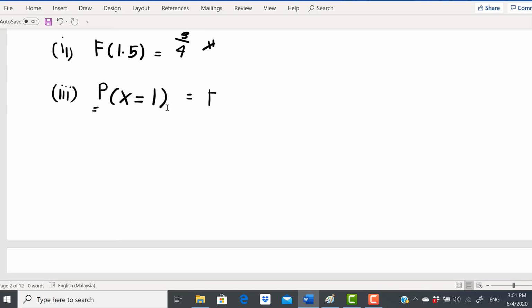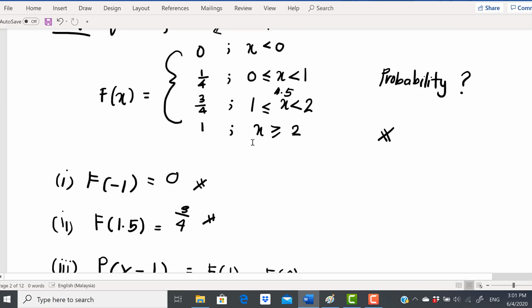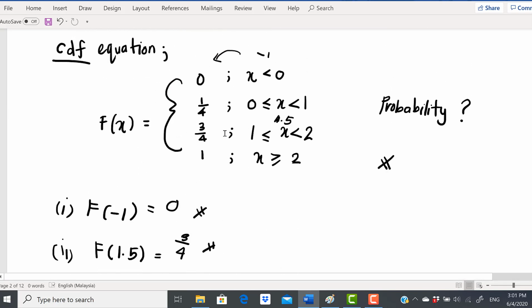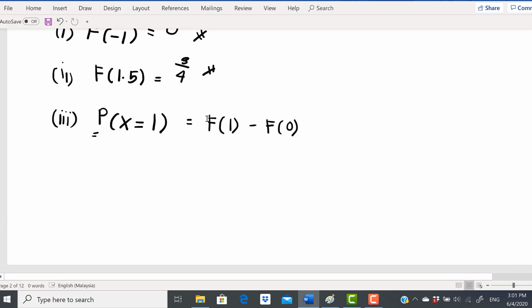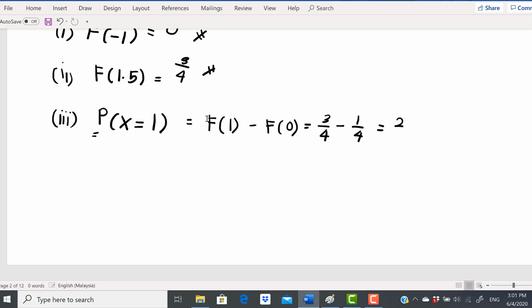It's equal to F(1) minus F(0). From this CDF equation, F(1) is equal to 3/4 and F(0) is 1/4. That means 3/4 minus 1/4, then you get 2/4.